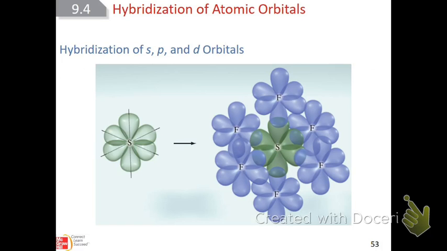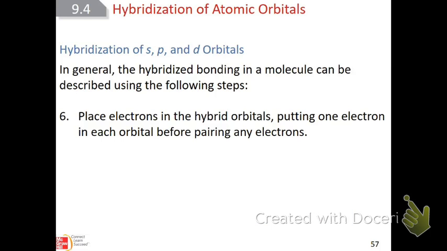I do want you to know what sp would mean, and sp2 would mean you have 1 s and 2 p's, and so forth. sp3 would mean 1 s, 3 p's, etc. Okay? I would expect you to certainly know that.